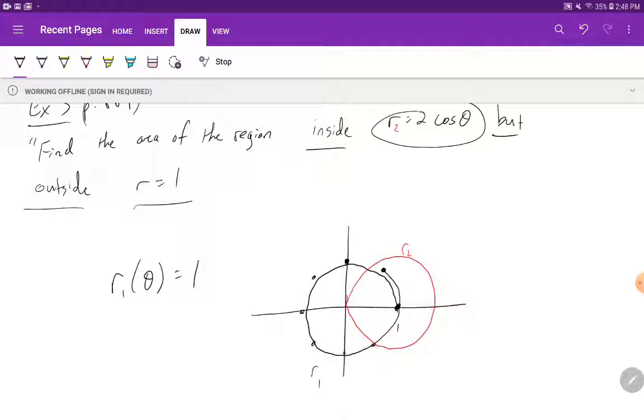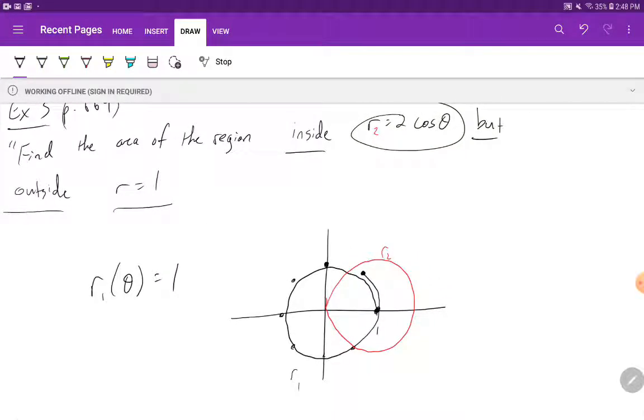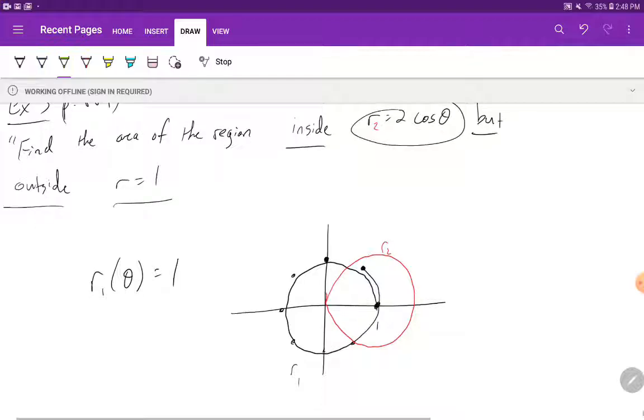Okay, so R1 is in black, R2 is in red. And we want to find the area of the region that's inside the red one, but outside the black circle. So what section is that representing? Right here. Okay, so we are trying to figure out the shaded green area.